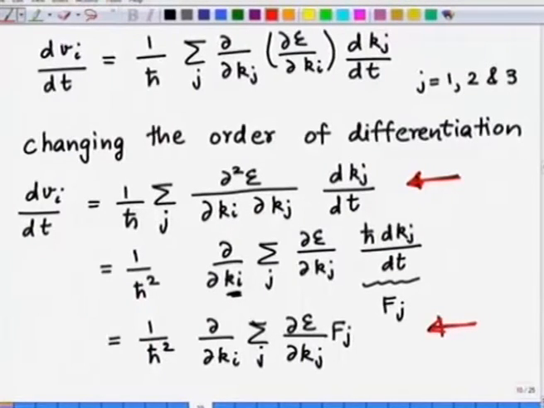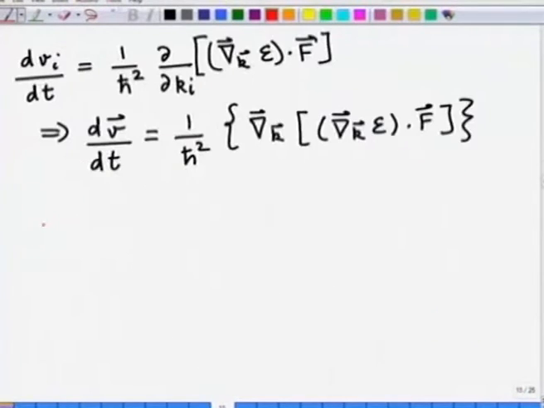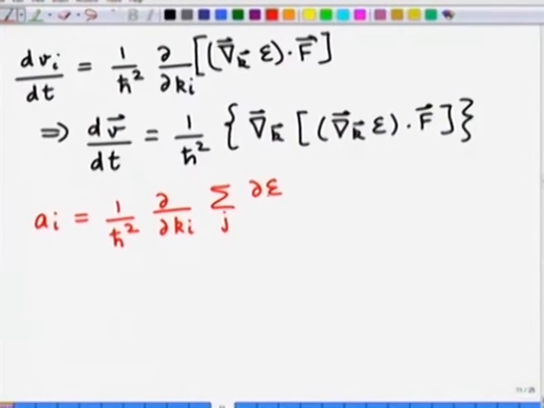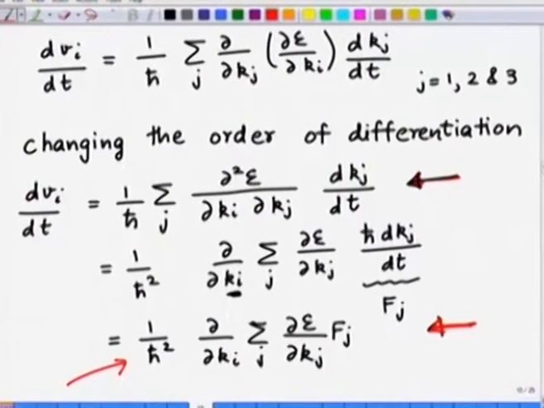What does that mean? Notice that I can write therefore the ith component of acceleration ai is equal to 1 over h bar square del by del ki times summation over j of del E by del kj fj. I am basically reproducing this equation right here. What does that mean?